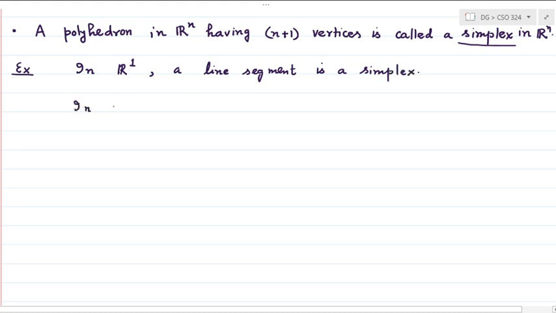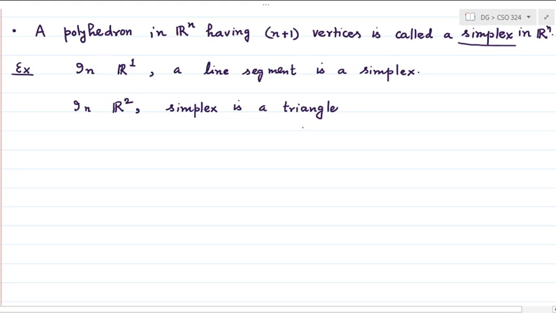In R2, what are simplexes? In R2, a simplex is a triangle, because triangles are precisely polyhedra having n plus 1, that is 2 plus 1, 3 vertices.